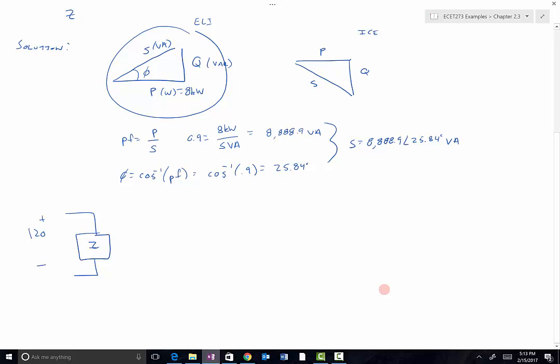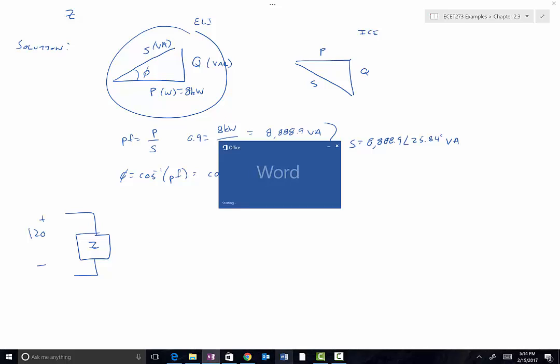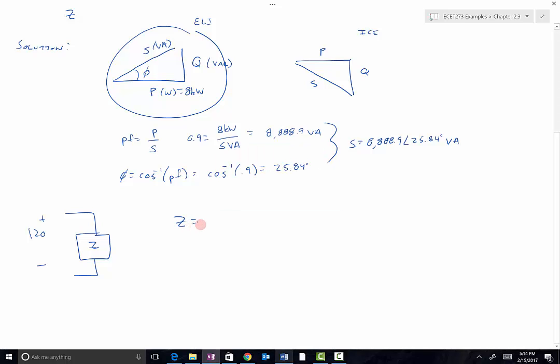So how do we get from here to here? We're going to use one of our power identities, and that is that Z is equal to the magnitude of the voltage squared divided by the complex conjugate of the apparent power.